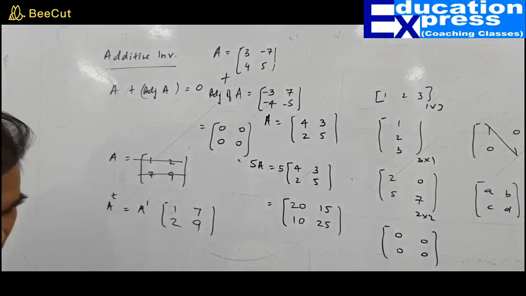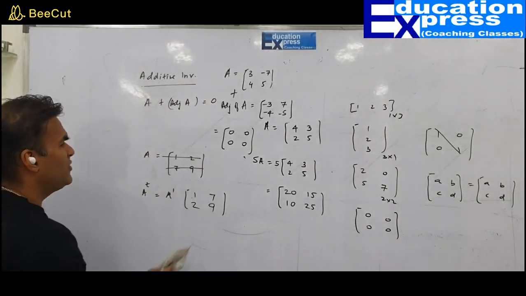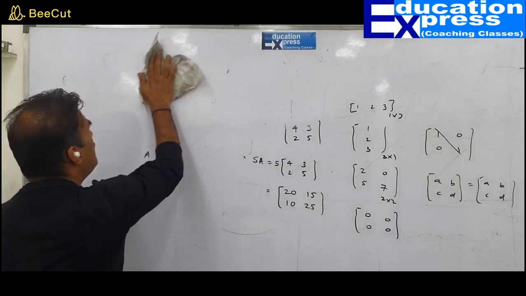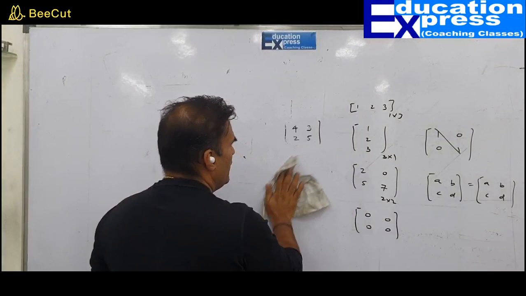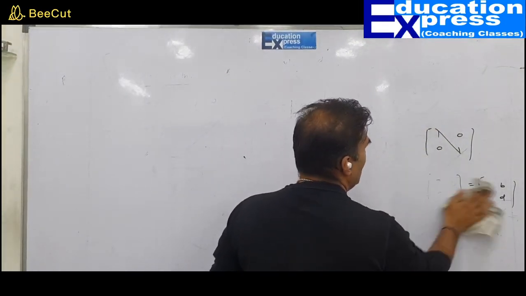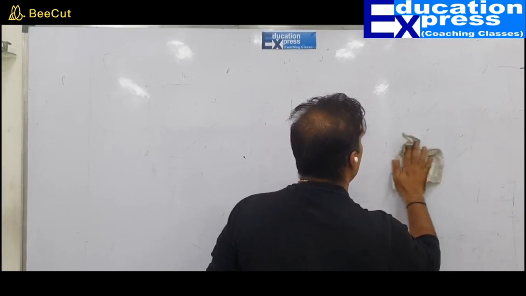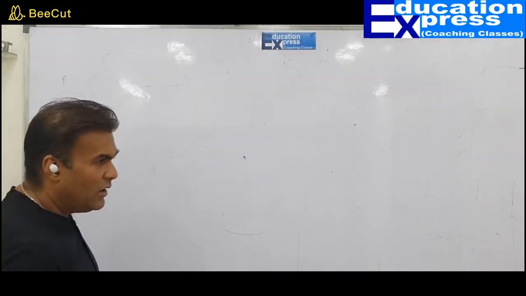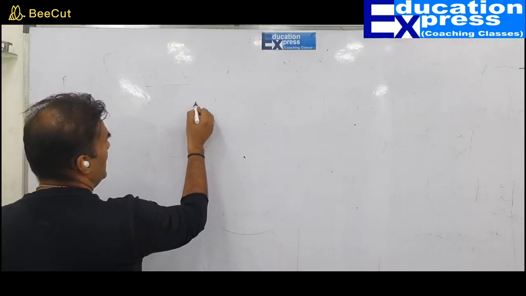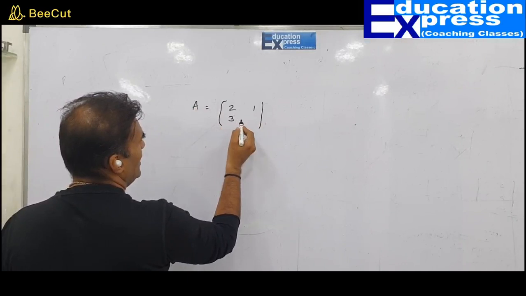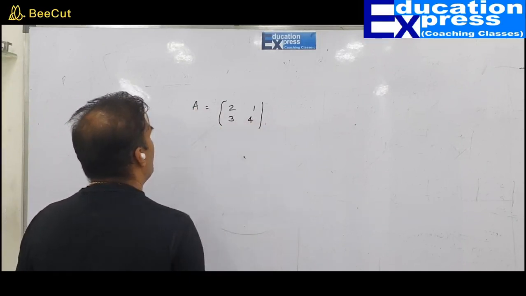All these things were discussed earlier; I have given you simply a recap of everything. Now, moving forward from here, we have multiplication of two matrices. That means two matrices will multiply with each other, which we have not done so far. Example: matrix A is 2, 1, 3 and 4.